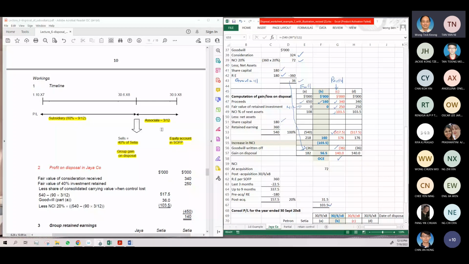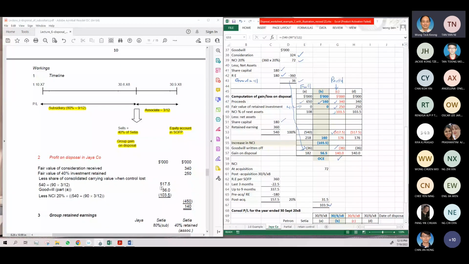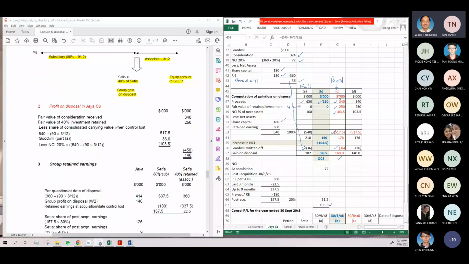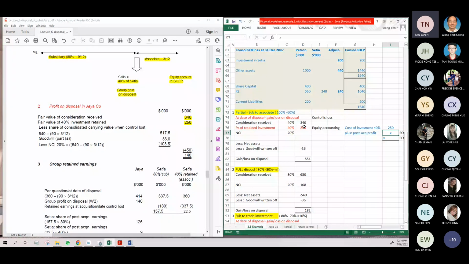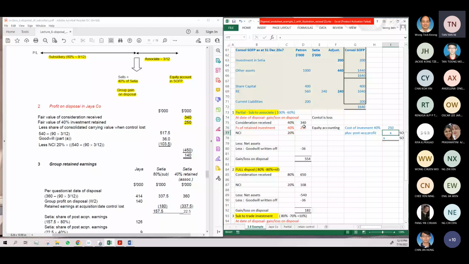And disposal. The disposal given here, the format is the same as my Excel. So you see 340 and the remaining 250. Your net assets are 517.5: you take the 540 full year asset minus your 3 months profits of 90,000 times 3 over 12, where 90 is the whole year.